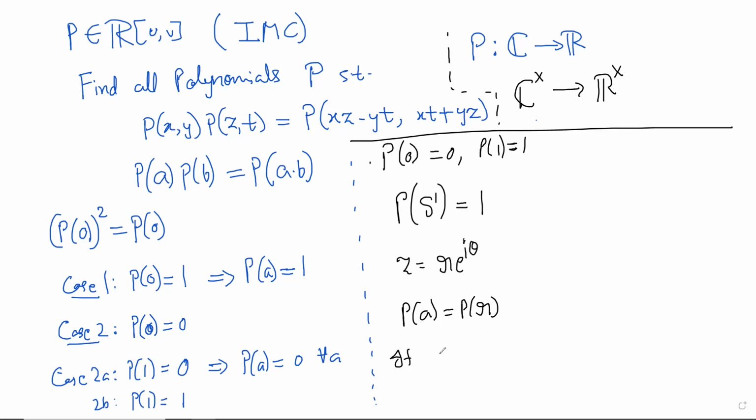If I'm just writing it. Yeah, it does. Right. Okay. So P of RS1, this coset also goes to 1.